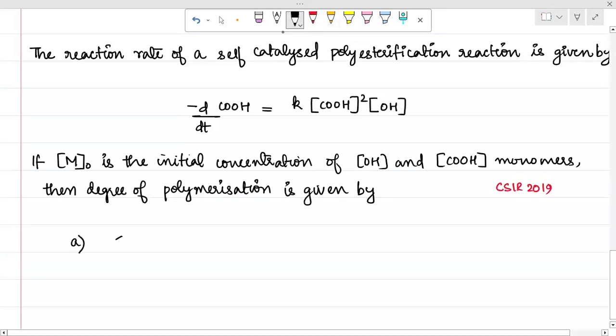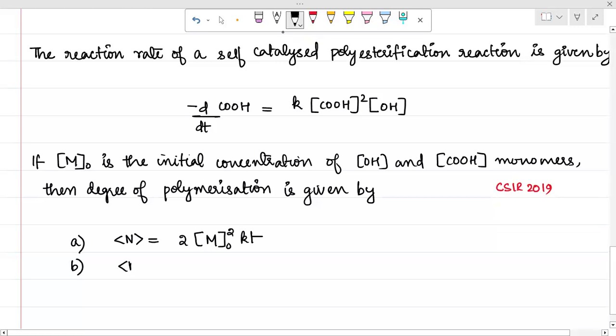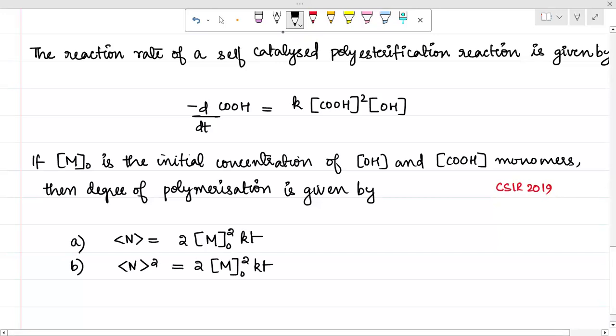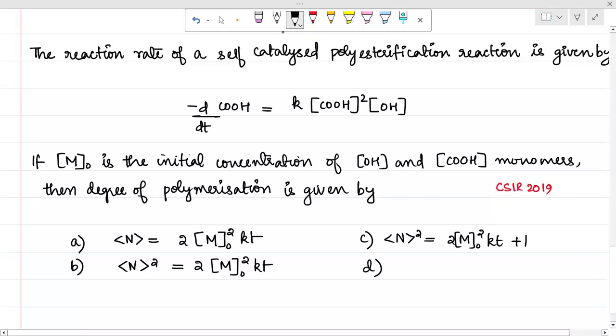Option A, degree of polymerization is equal to 2 times m naught square Kt. Option B, degree of polymerization square is equal to 2 m naught square K. C, degree of polymerization square is equal to 2 m naught square Kt plus 1.